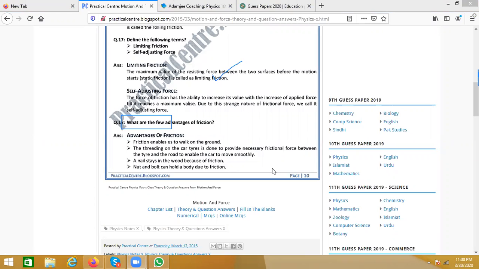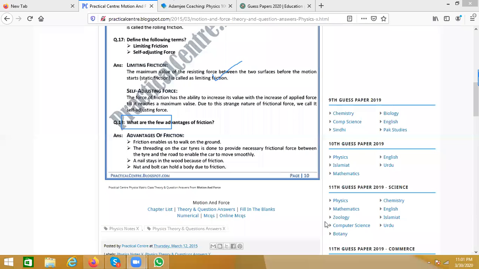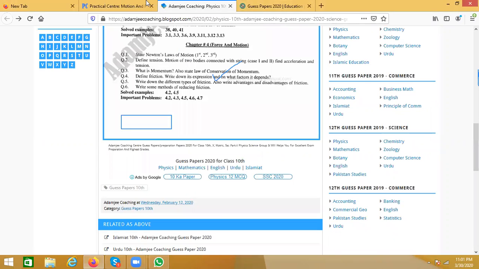Okay, Habib, what about you? Other than these written here on the board. Okay, can you say that again? Sir, a nail stays in wood due to friction, and a nut and bolt can hold a body due to friction. Advantages can be that we can walk easily on the ground with the help of friction.